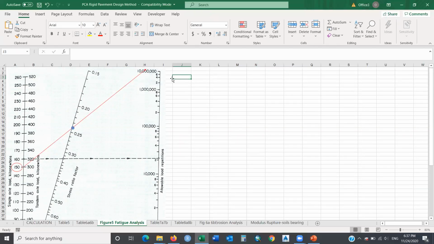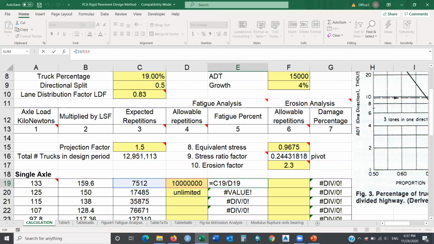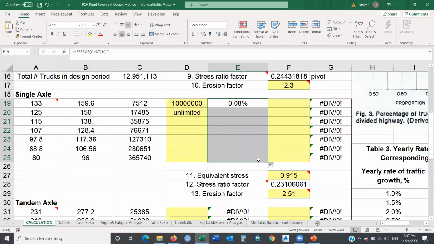When I cross through the pivot and I go above 10 million, this is called unlimited or infinity. That means that for single loads, I only use 0.8%.